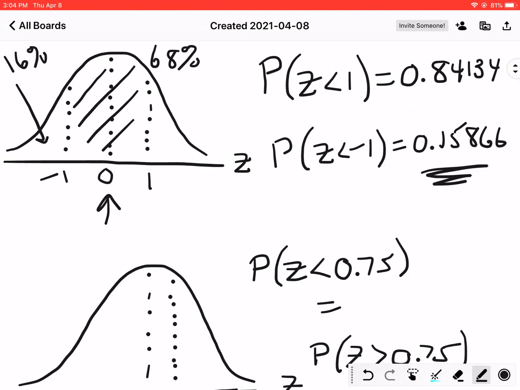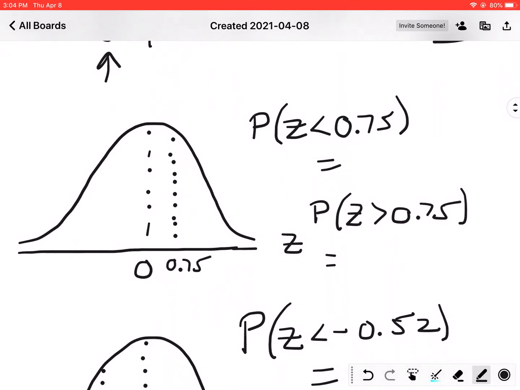And because this is symmetrical, this part in there is also 16%, which leaves the part in the middle 100 minus 16 minus 16, which is where the 68 comes from. So 68% is the area or the probability between 1 and negative 1.